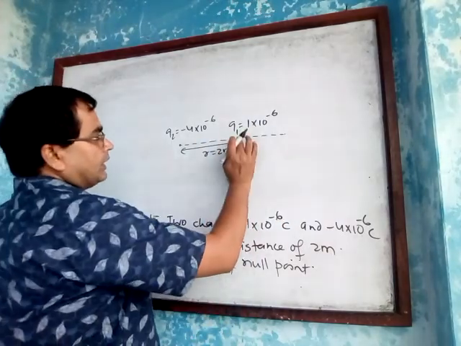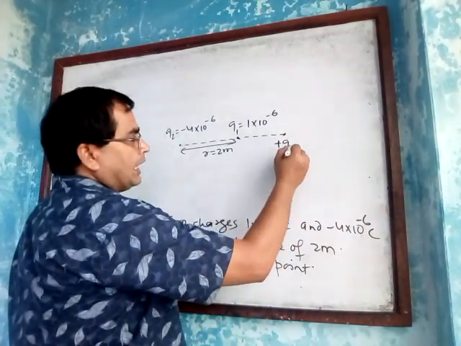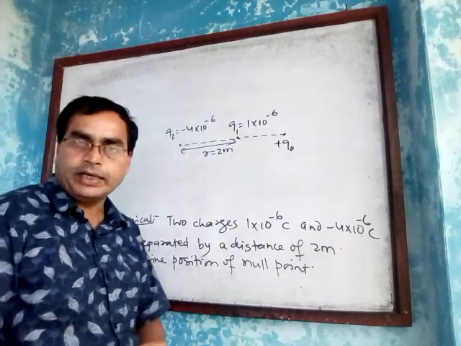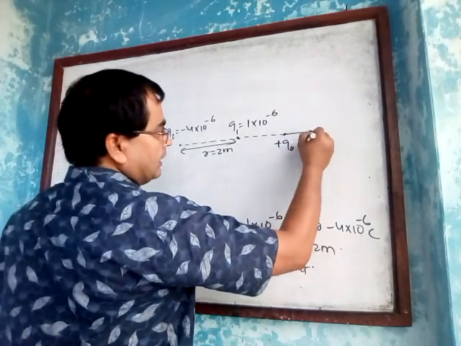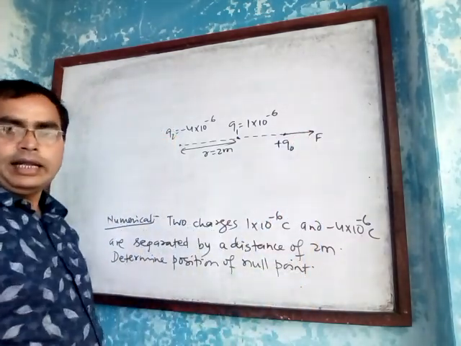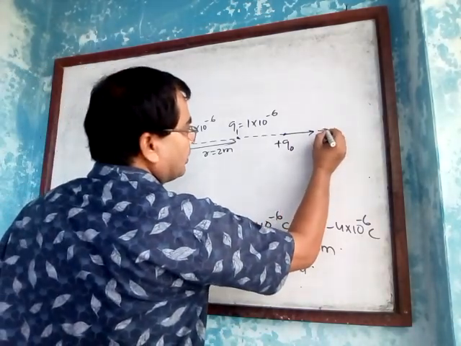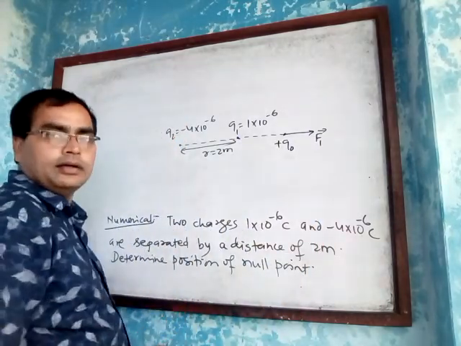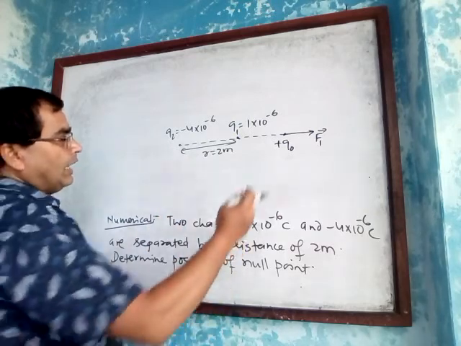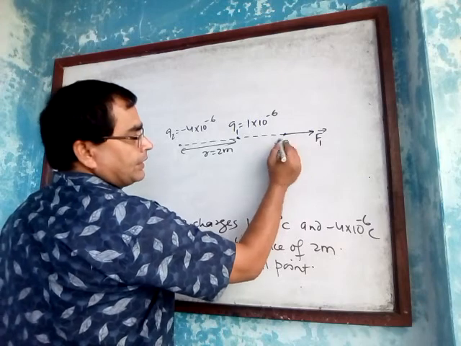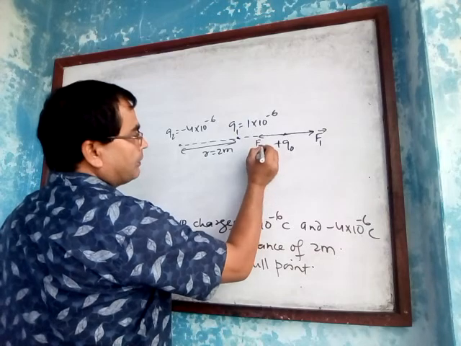If you place a plus Q naught charge here, the third charge, then the Q1 charge will repel it by F1, and this Q2 charge will attract the test charge Q naught towards it, and that is F2.